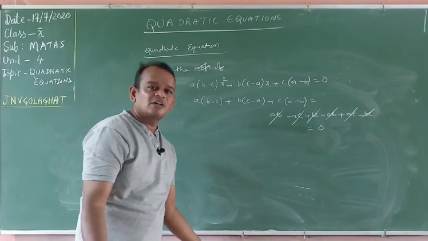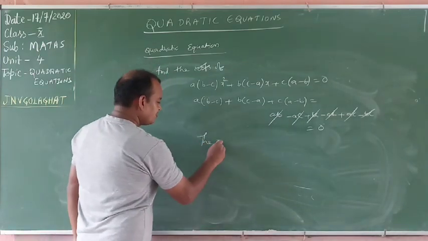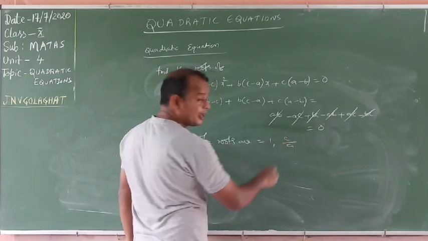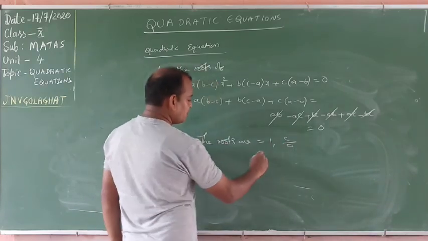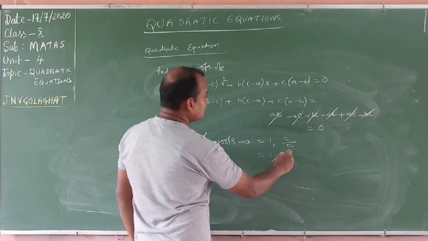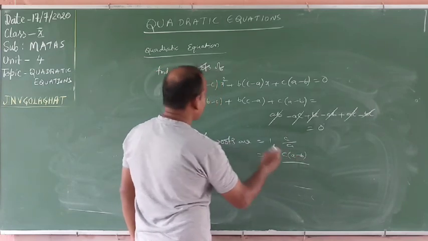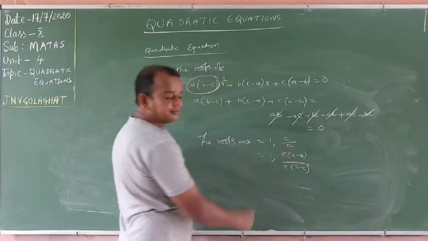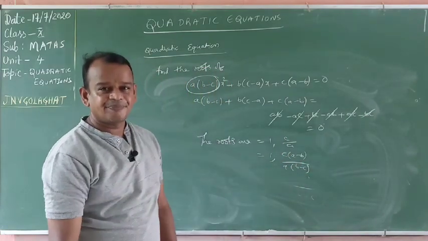Means what are the roots? The roots are 1 comma c by a. 1 comma c by a means c into (a minus b) by a into (b minus c).